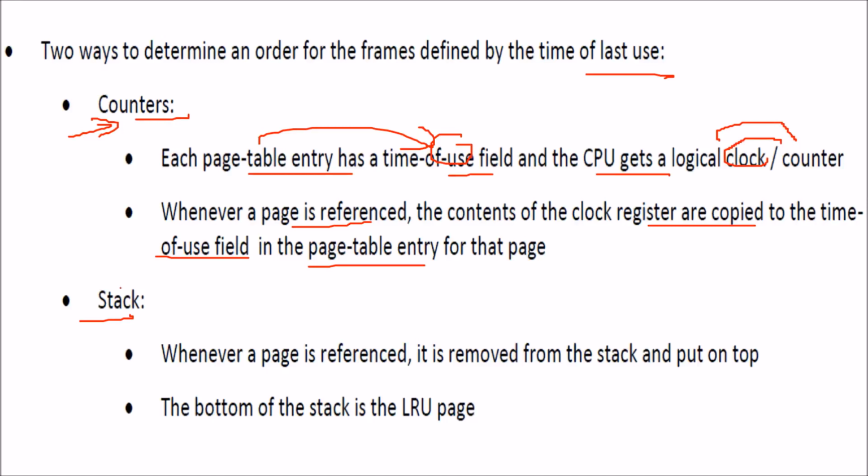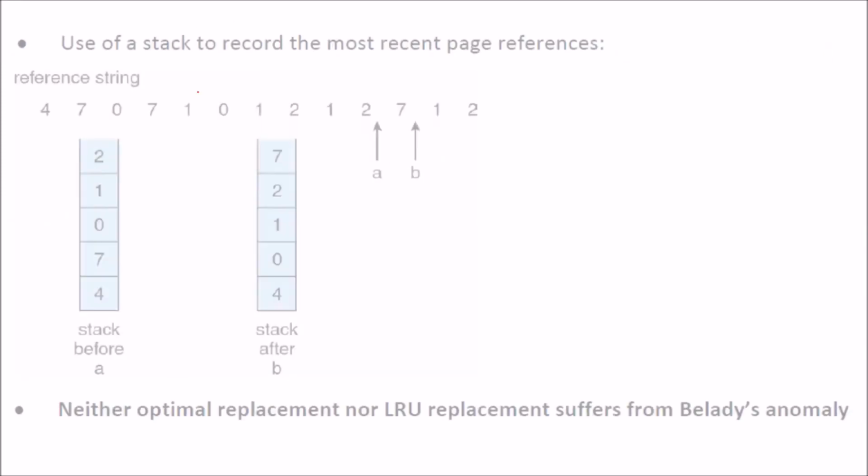If you want to see the stack version, whenever a page is referenced, it is removed from the stack and put on the top. Removed and put on the top. So the bottom one will be the page which is the victim, which has to be removed. This is how it is done.